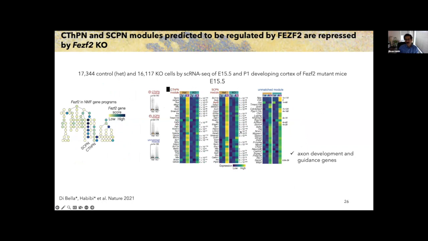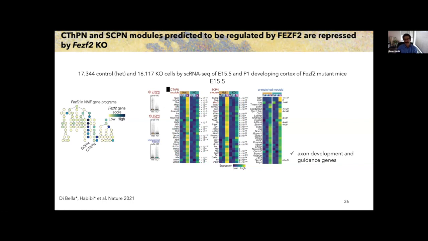Now we defined all the modules in the knockout and also the heterozygous, because we didn't have the wild type from the exact genotype background, and we compared them with the modules that we defined in the wild type data, the big atlas with 100K cells. And interestingly, we find all those modules, and we can see nicely that when you knock out FEZF2, all the genes that we defined in those modules get knocked down and downregulated.